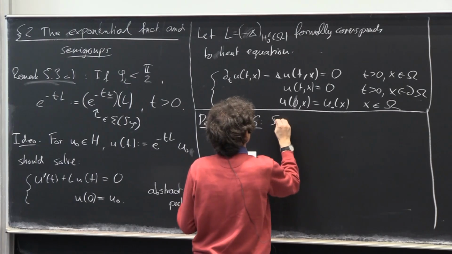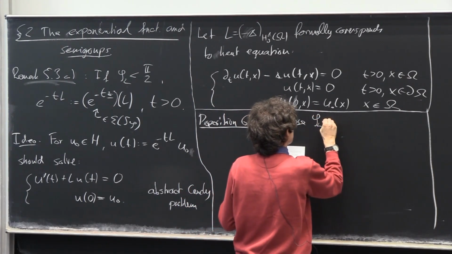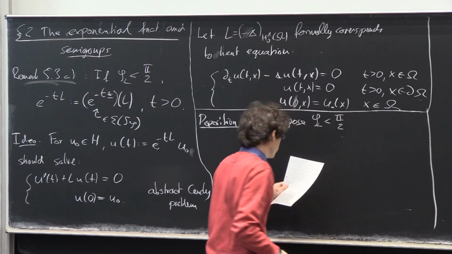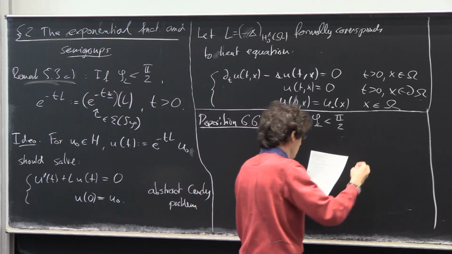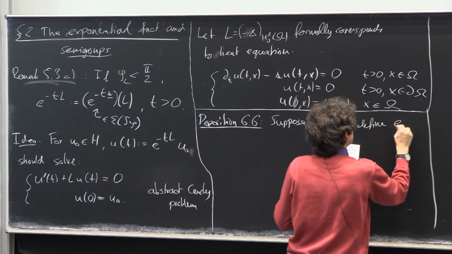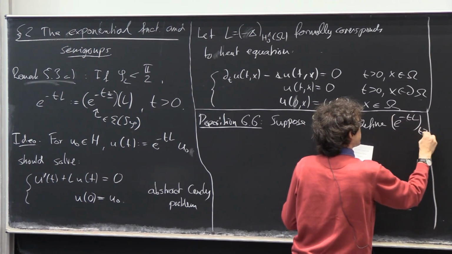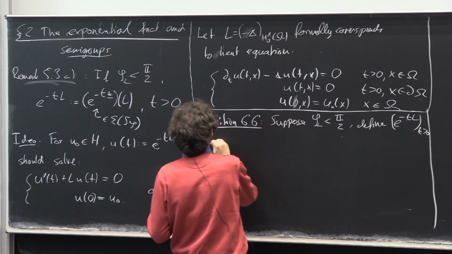So the result is, again, suppose that the sectoriality angle is less than pi over 2, otherwise this idea doesn't work. And then define e to the minus tL for t positive as above.